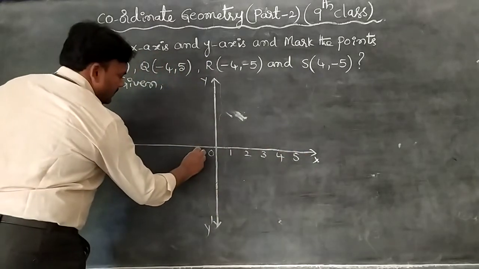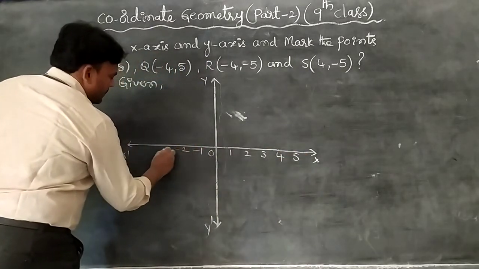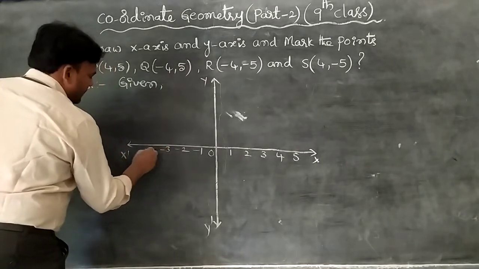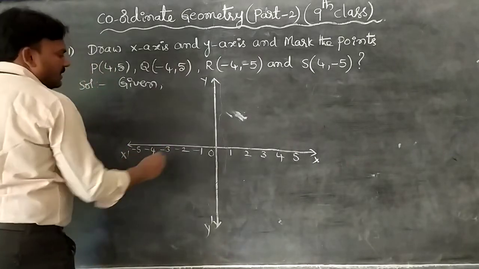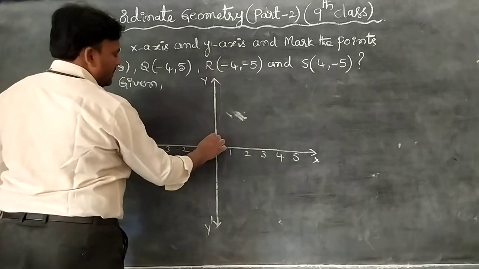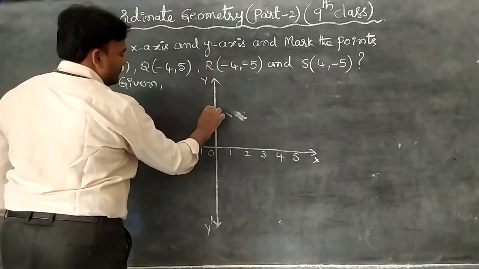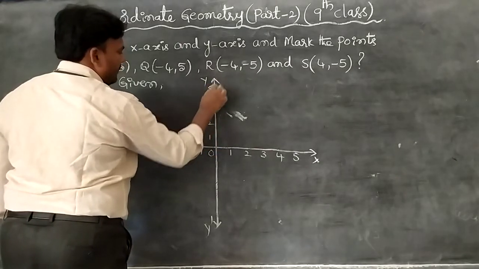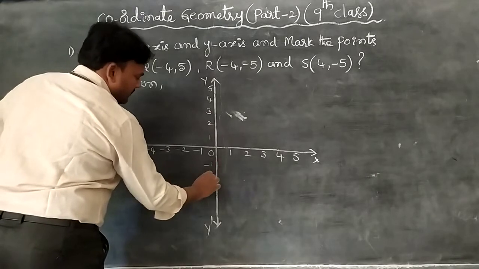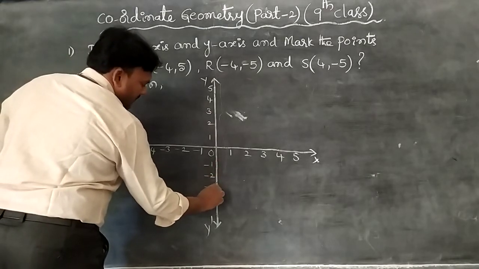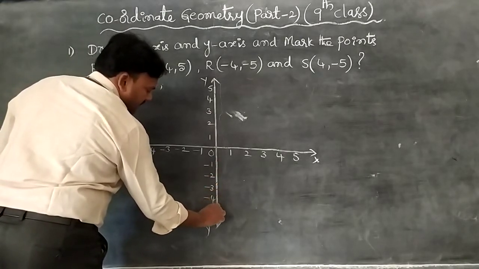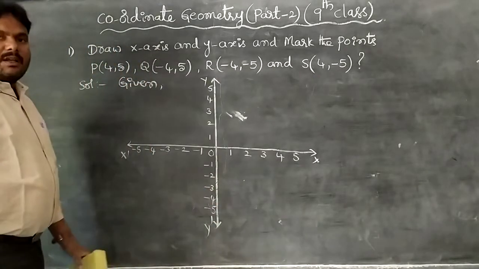The left side also -1, -2, -3, -4 and -5. Upward 1, 2, 3, 4, 5. Downward -1, -2, -3, -4 and -5. Clear, all of you?